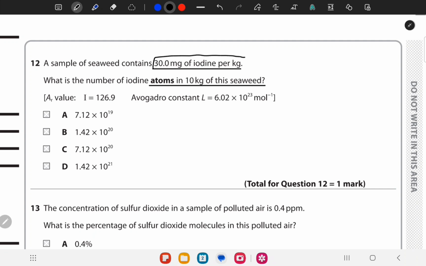So we have 30 milligram of iodine over here in 1 kg. So in 10 kg we'll have 30.0 into 10, so 300 milligram of iodine in this.